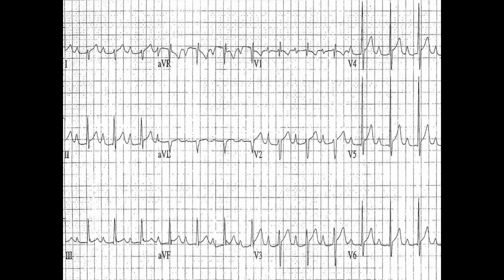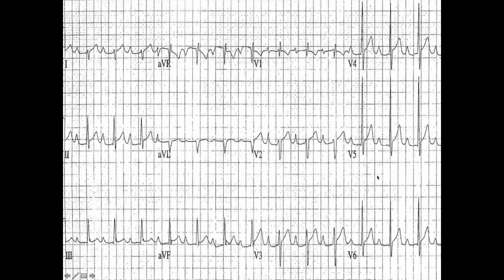Do we have left ventricular hypertrophy? Maybe, possibly. Let's look at V5. So V5, V6, what's the tallest? V5 is pretty tall. So we got 5, 10, 15, 20, 25, maybe like 27, maybe up to 30. And then V2 definitely fills in the rest of that 35.